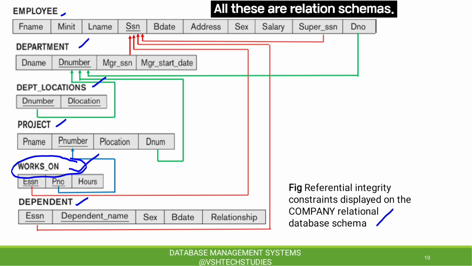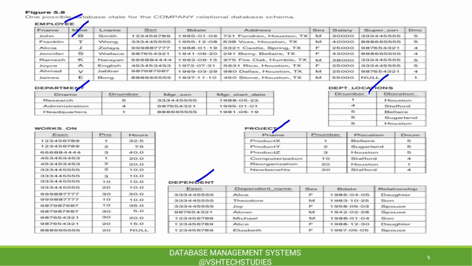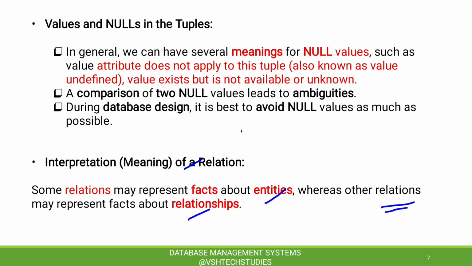Similarly, relationships are also converted to relations. And this is the final company database, that is a collection of relations: employee relation, department locations relation, project relation, dependent relation, and works on relation, which has resulted from a relationship. Okay, that completes the discussion on characteristics of relations.